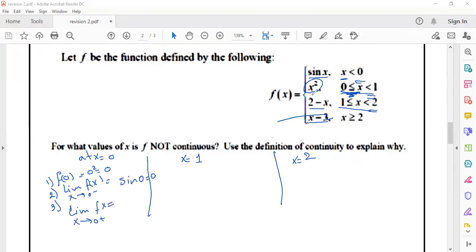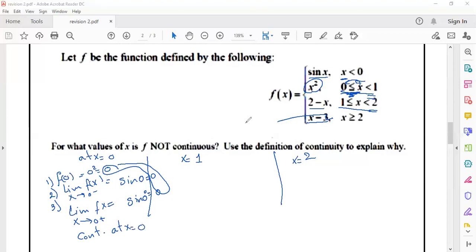Limit f of x when x approaches 0 from the right means x greater than 0. So I replace in this rule 0 squared, it will be 0. Since the three values are equal, in this case the function is continuous at x equal 0.